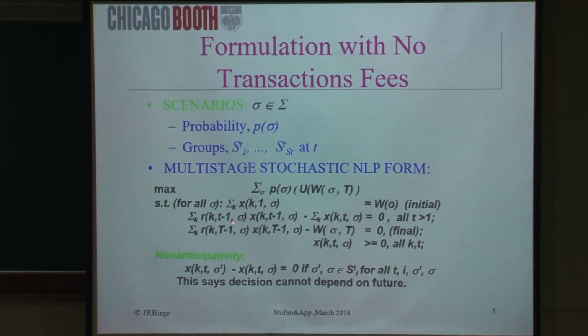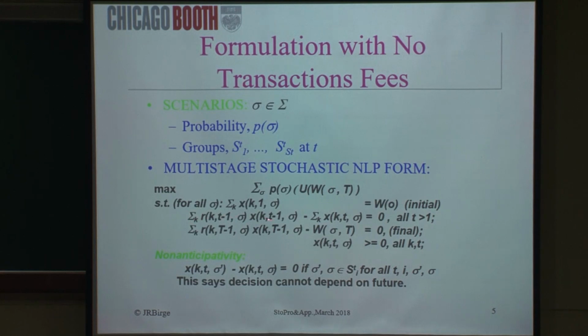I could do it either way, but I indicated it here by t minus 1. I'm thinking of it as at the beginning of time t, I haven't seen the return yet, and then I get the return after I make the investment. In other words, I make the investment in time 1, and then I get the return for time 1. Then I reinvest it.